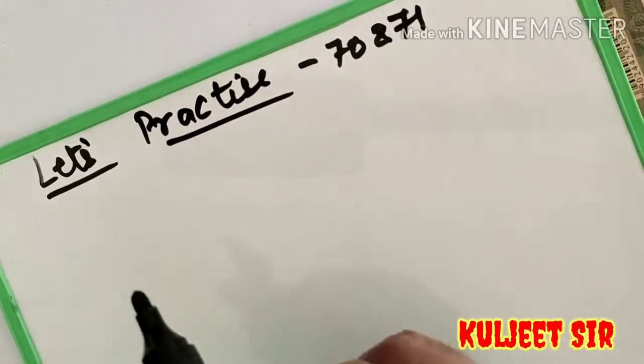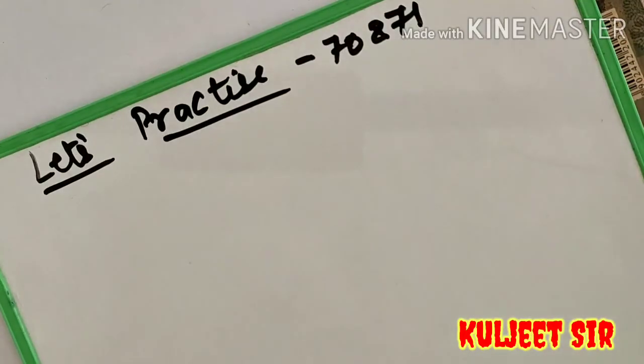On page number 70 and 71, we have the Let's Practice. Again, questions 1, 2, 3, and similarly 4. There are quite a few objectives in this part of the question, in the revision exercise part. So the revision exercise is purely objective type questions, and Let's Practice also has many sums based on objective type questions only.